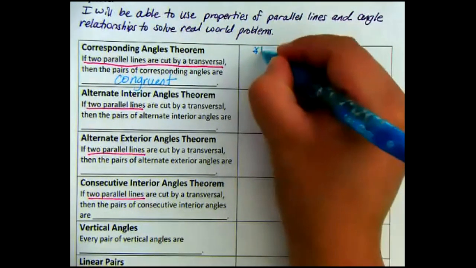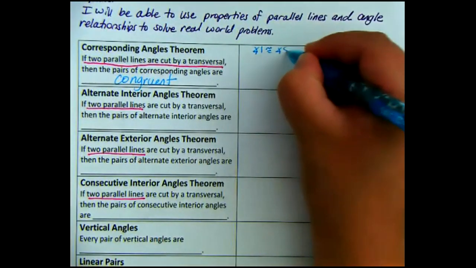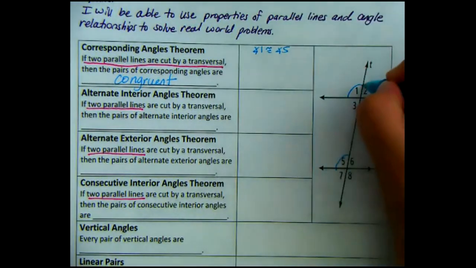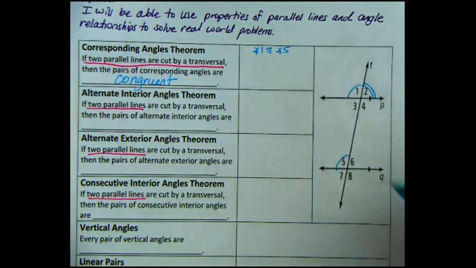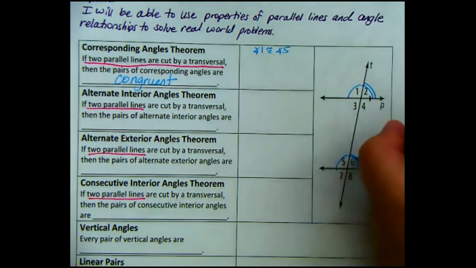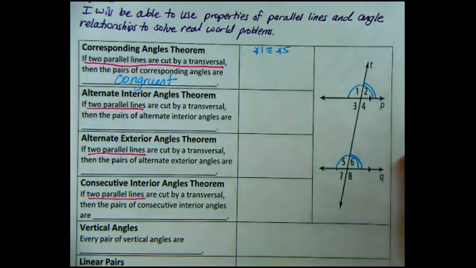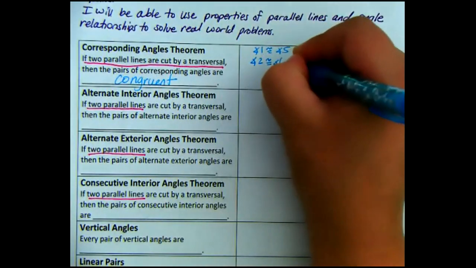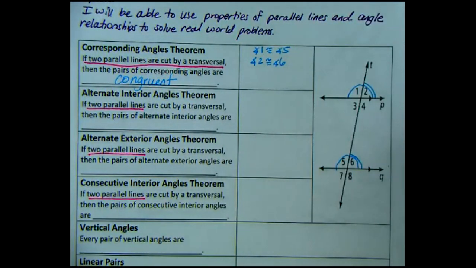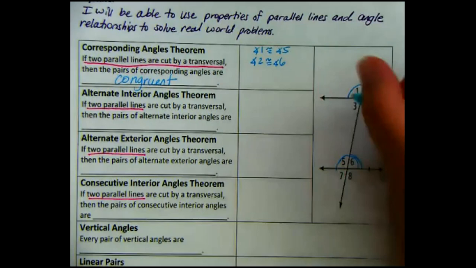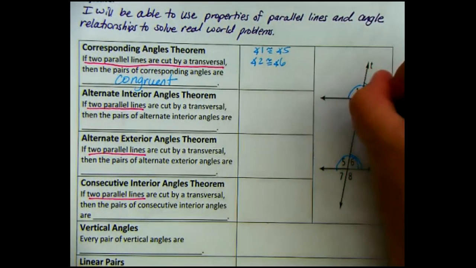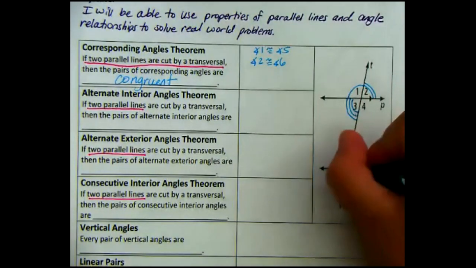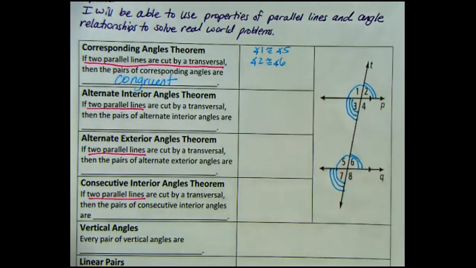So angle 1 is congruent to angle 5 because they are a corresponding angle pair. Angle 2 is congruent to its corresponding angle, angle 6. Angle 3 is congruent to its corresponding angle, angle 7.